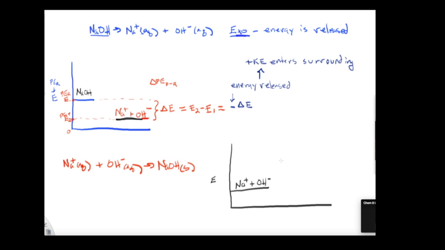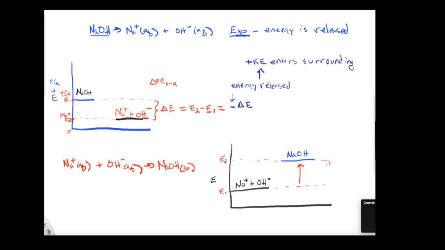So we'll put the NaOH here, and we have to drive this up. All right, now if I come over to my vertical axis, this is going to be E2, and now this is going to be E1 here.